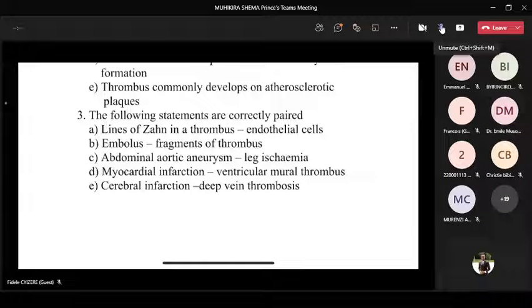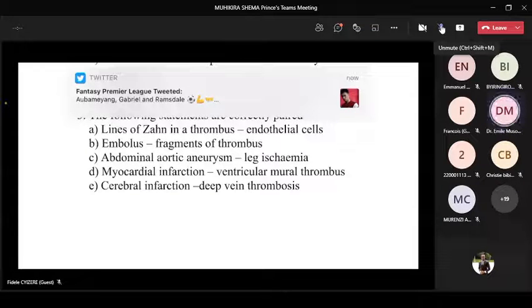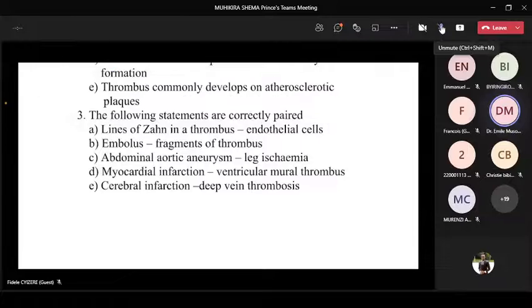Number E. Cerebral infarction and deep vein thrombosis. Number E, I think it's false.